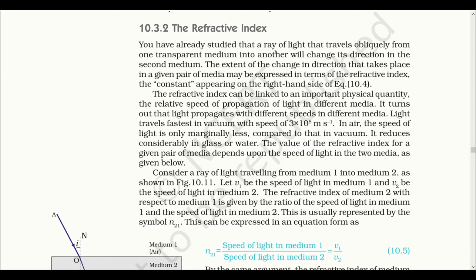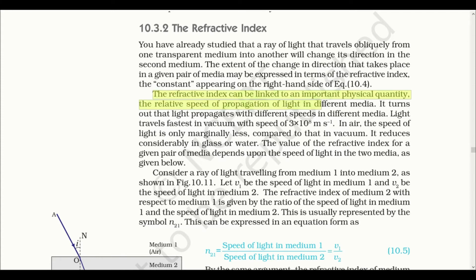You have already studied that a ray of light that travels obliquely from one transparent medium to another will change its direction in the second medium. The extent of the change in direction that takes place in a given pair of media may be expressed in terms of the refractive index, the constant appearing on the right hand side of the equation. The refractive index can be linked to an important physical quantity, the relative speed of propagation of light in different media.